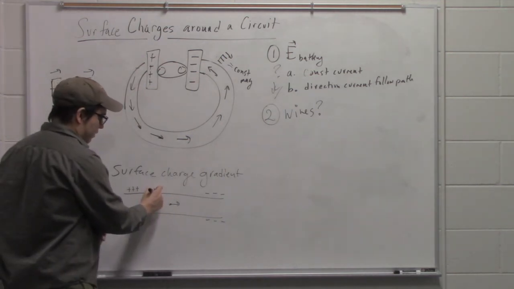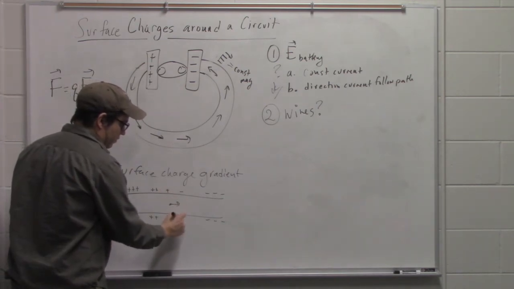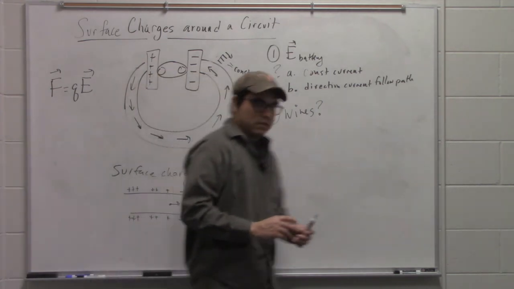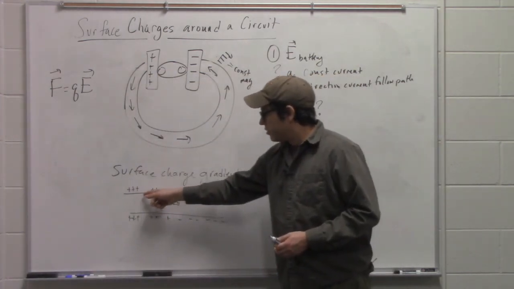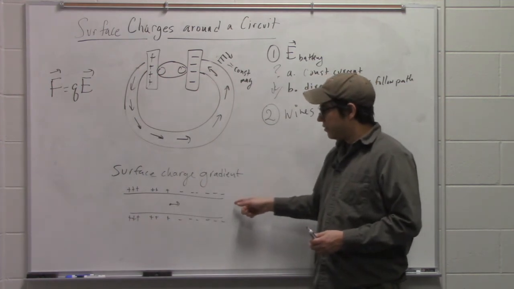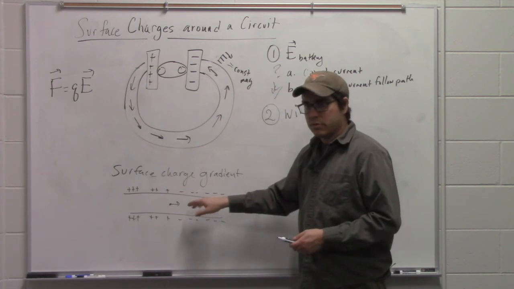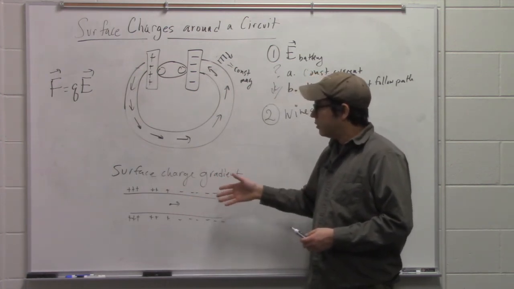And it turns out that that's exactly what happens: we end up with a distribution of surface charge along the wire that looks like this. It is a gradient in the sense that it changes at this constant rate across the surface here, and it continues to produce an electric field that points in one direction with a constant magnitude.